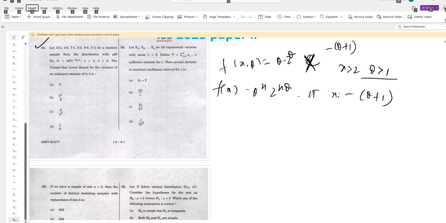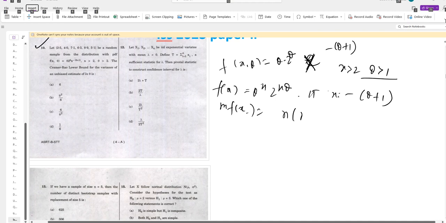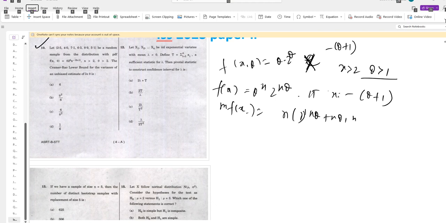Okay, so this is now L of theta, n theta, n log theta, n theta log 2 minus theta plus 1 summation of log x_i.